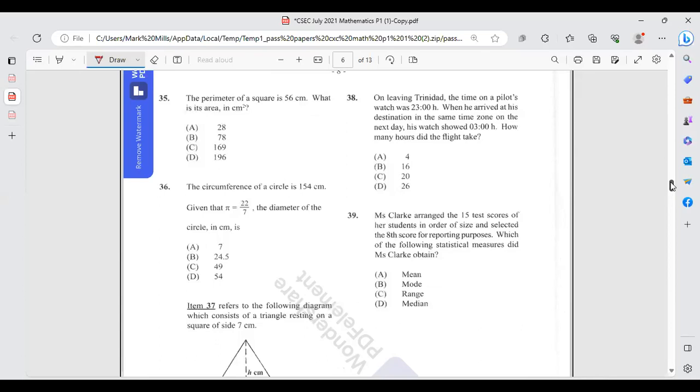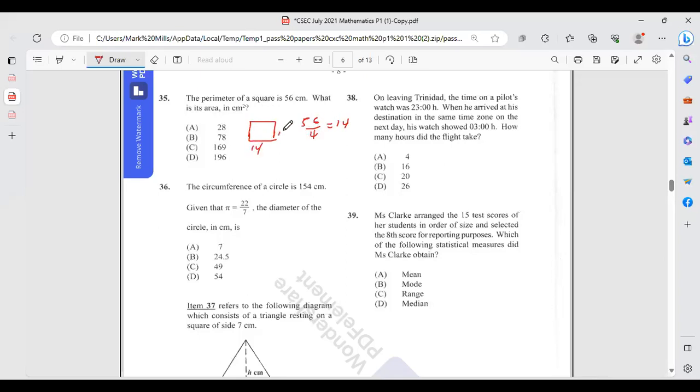The perimeter of a square is 56 centimeters. What is the area in centimeters square? Here what we do, we draw the square first. Then we say 56 divided by 4, which means 14.